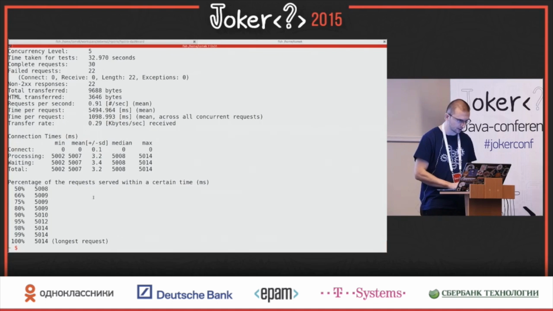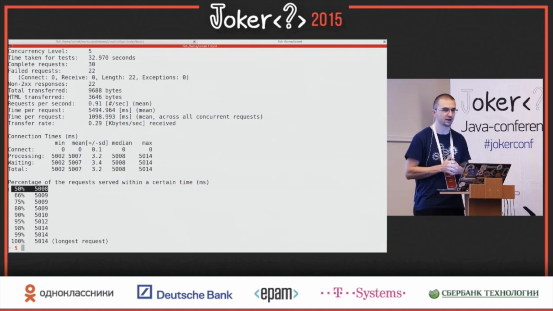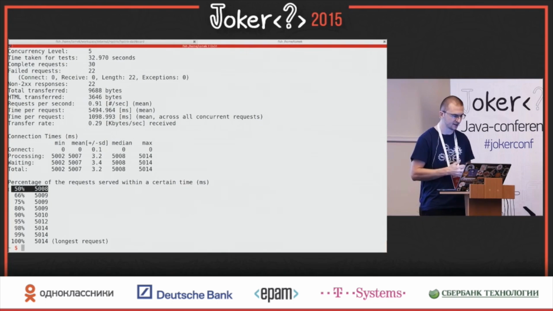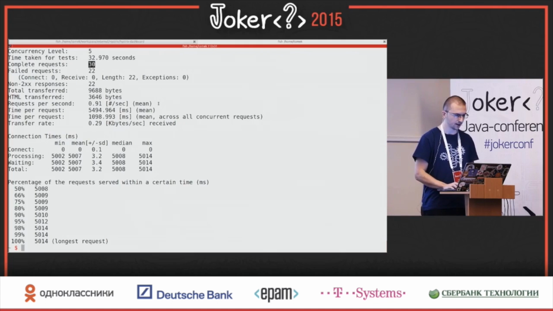So I just stopped it right now. You see that 50th percentile, which means half of the requests, were as fast as 5,008 milliseconds, so 5 seconds. And again, 22 failed requests out of 30. Very few requests because they were so long. But the error rate is more or less 80%.